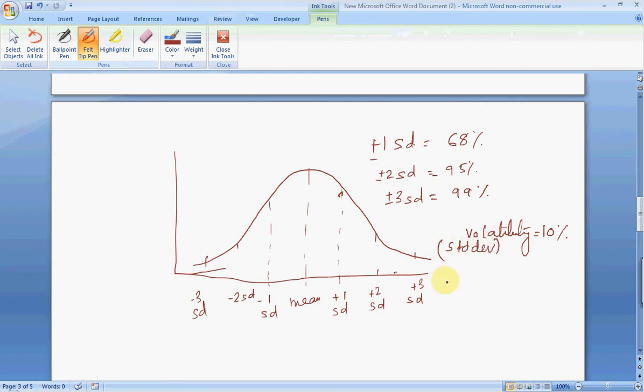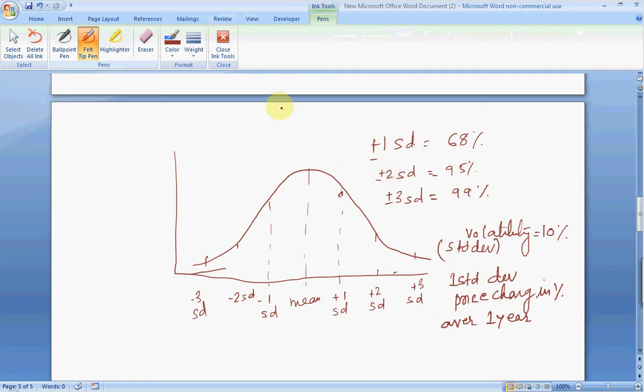Volatility is defined as 1 standard deviation price change in percentage over 1 year. So that's how volatility is used in conjunction with standard deviation. It is a 1 standard deviation price change in percentage over a 1 year period.